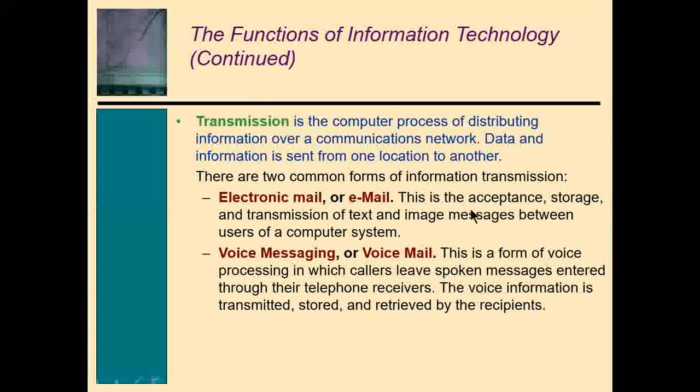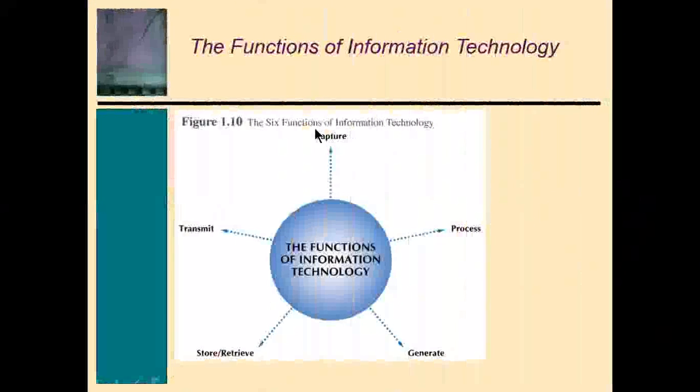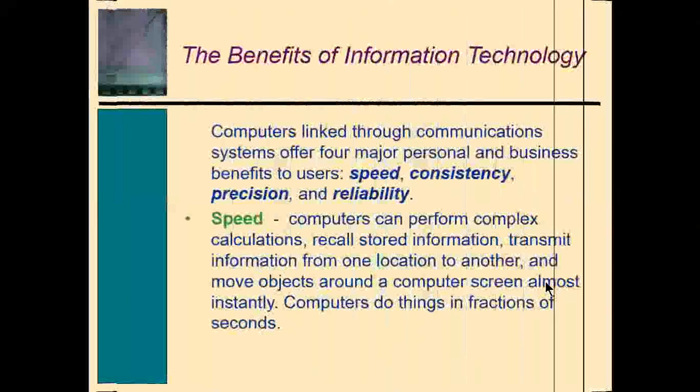All these can be applied, as you can see on this right up here. So the functions of information technology in summary: you capture, you process, you generate, you retrieve or store, and you transmit that information.